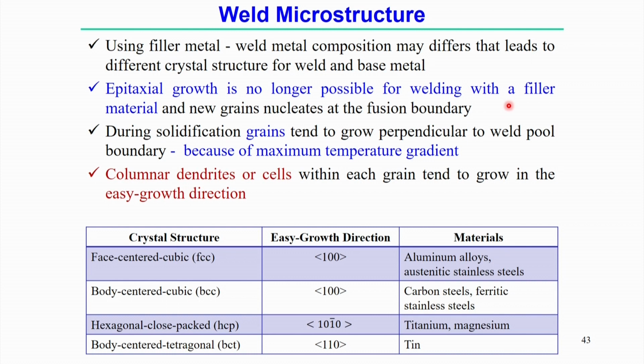Then hexagonal close packed structures, such as titanium and magnesium, and body-centered tetragonal structures, such as tin, have the easy growth direction 110, that is, along the face diagonal of a unit cell.